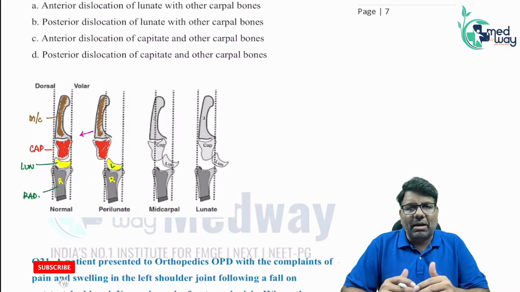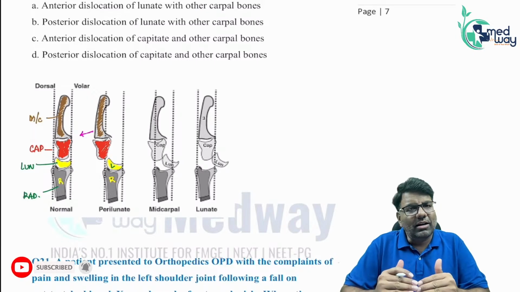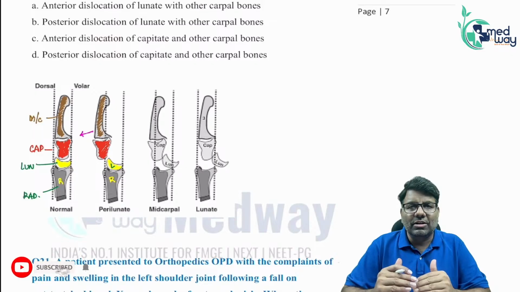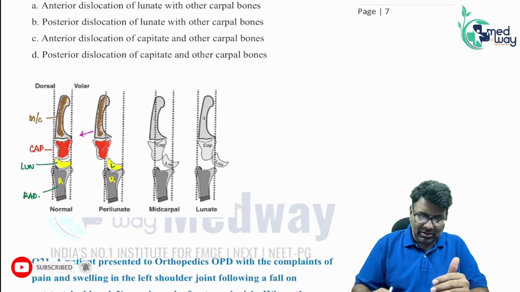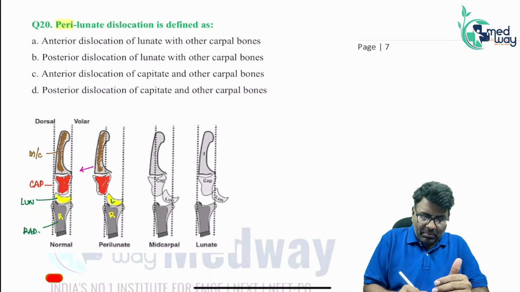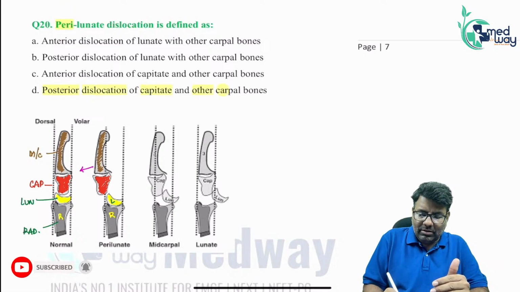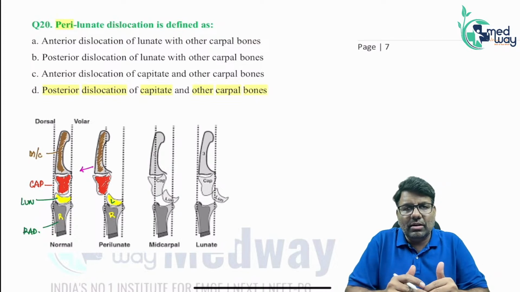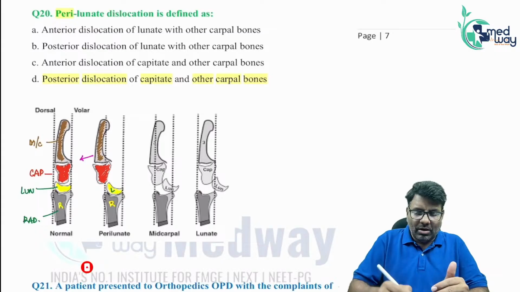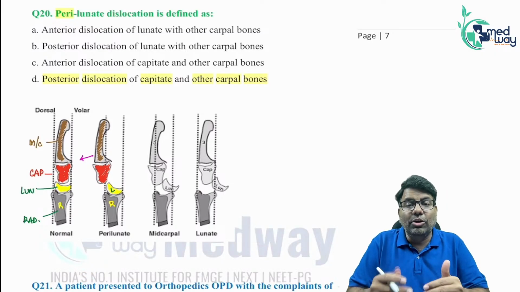So in perilunate, radius and lunate are still in alignment, but distal to lunate, capitate, metacarpals, phalanges, everything moves backward. That is known as perilunate dislocation. Right? So in perilunate dislocation there is posterior dislocation of the capitate along with the remaining bones of the hand. Everything distal to lunate will dislocate posteriorly. That is perilunate.